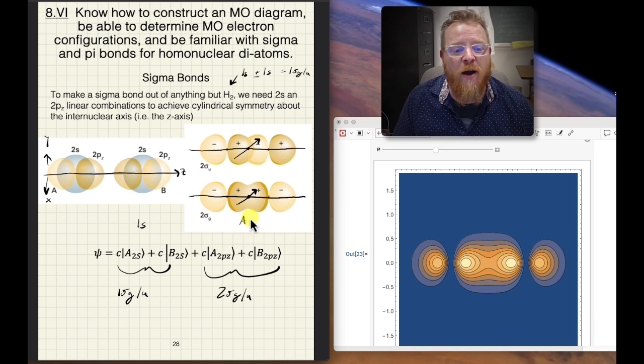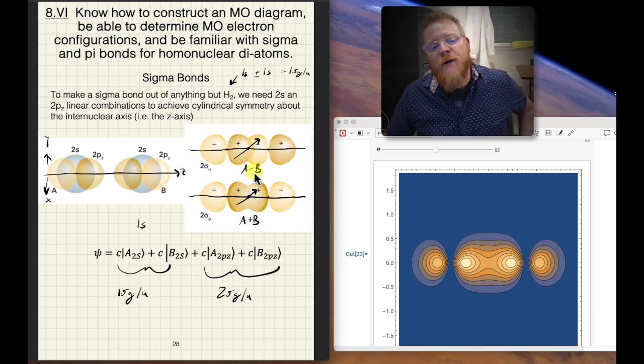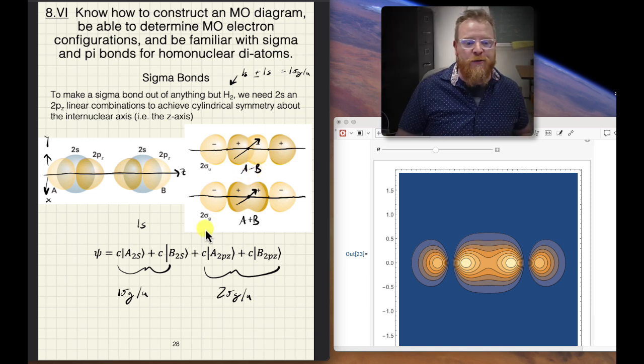So this was from positive combinations, constructive interference. This was from negative contributions, or destructive interference.